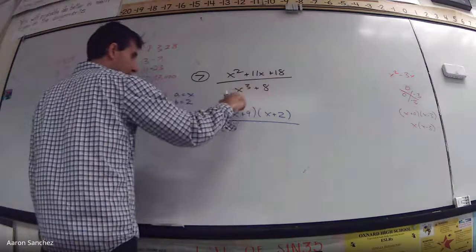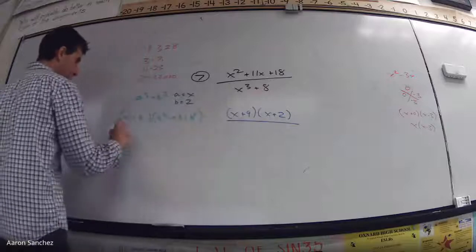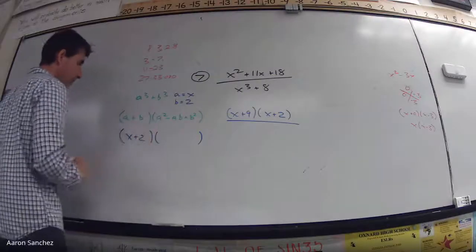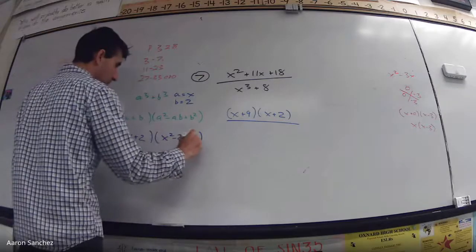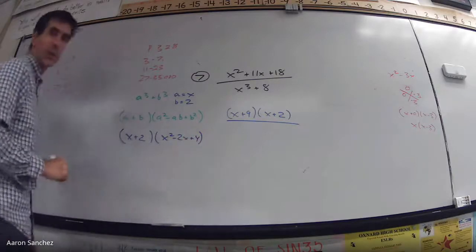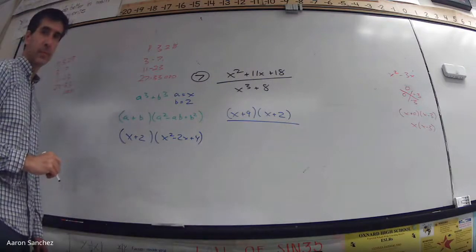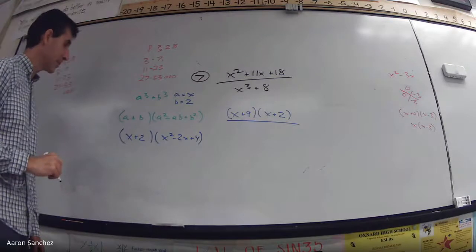X times x times x is x cubed. So x plus 2 in the first parentheses, then x squared minus 2x plus 4. Yep. That's it. Any questions on how we got that?